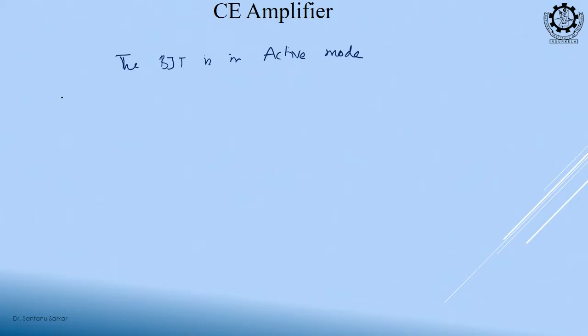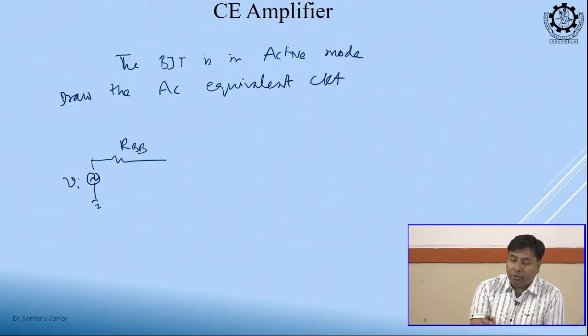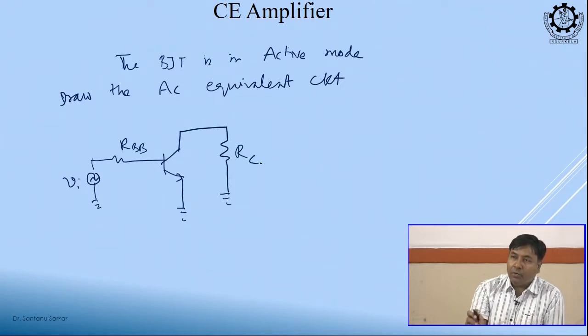Next step is to draw the AC equivalent circuit. So, what is the AC equivalent circuit? Now, we will not consider the DC sources. So, only AC sources: RBB will be there, but VBB will not be there, BJT is there, emitter is grounded, and the collector resistance is also grounded.